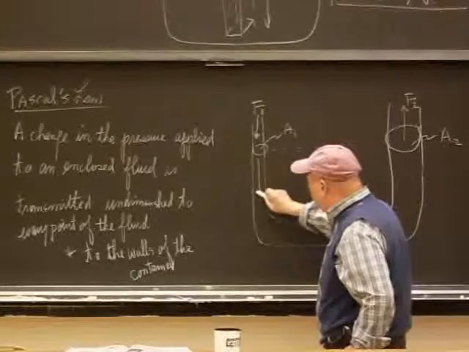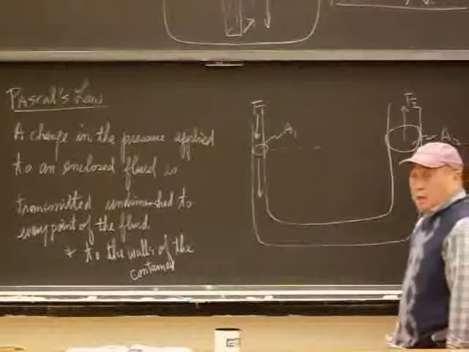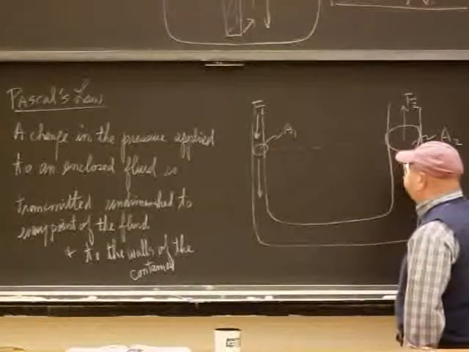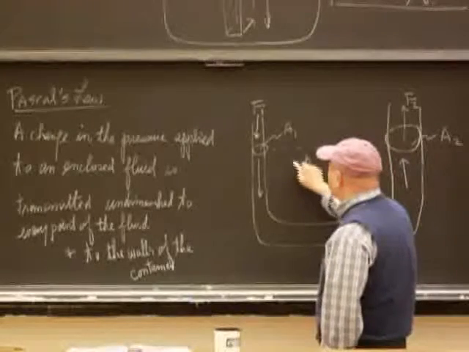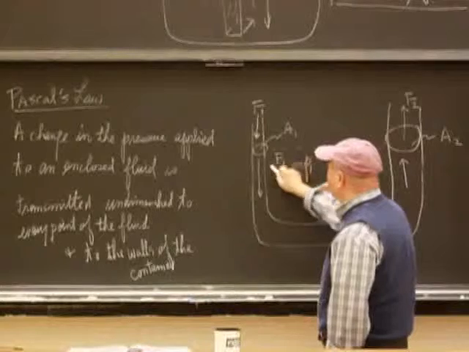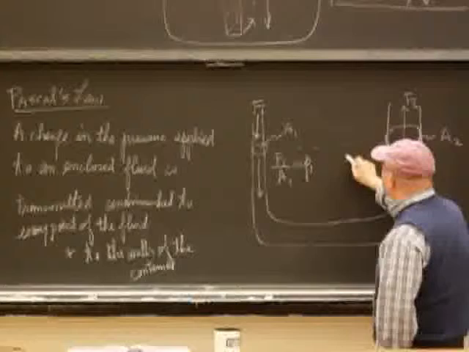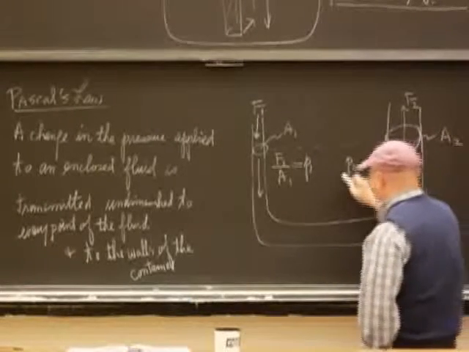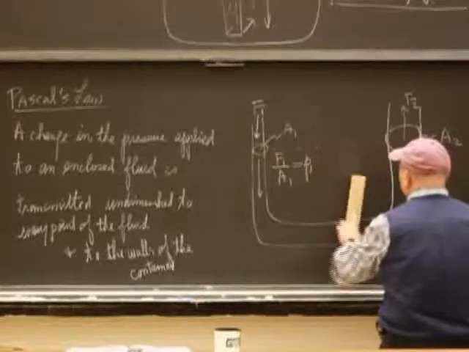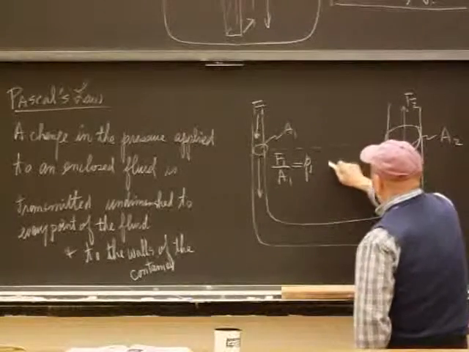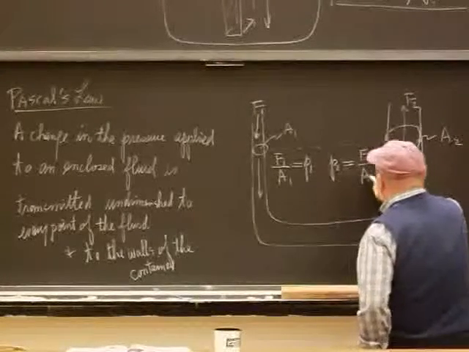So when you push this down, the pressure is transmitted and comes to here. This pressure is P1, which is equal to F1 divided by A1. And the pressure at this end is P2, which is equal to F2 divided by A2.